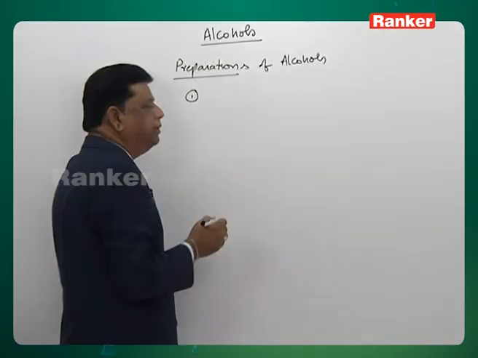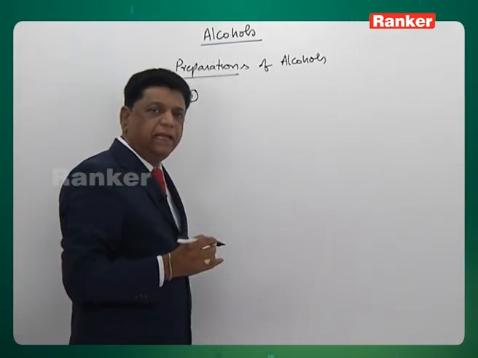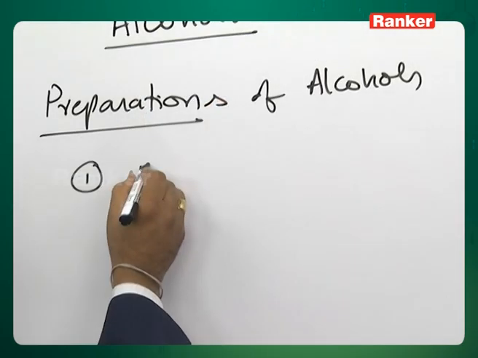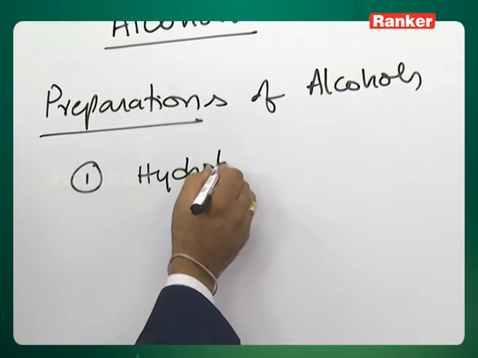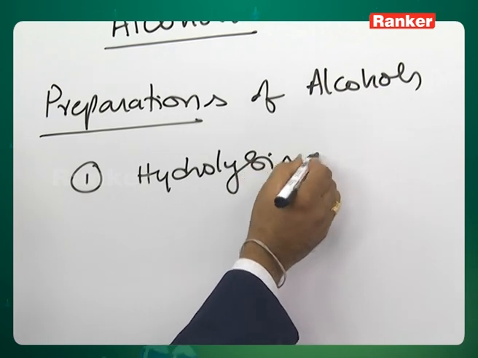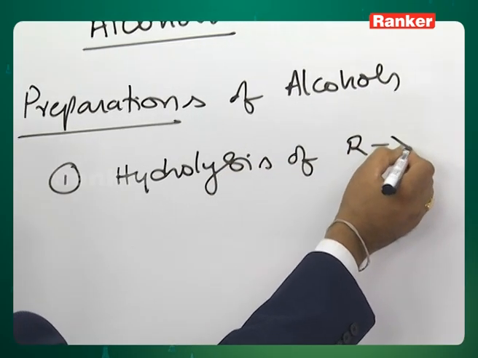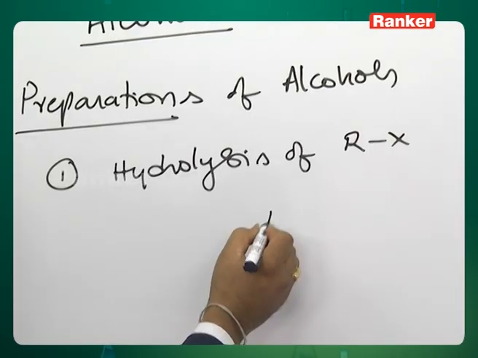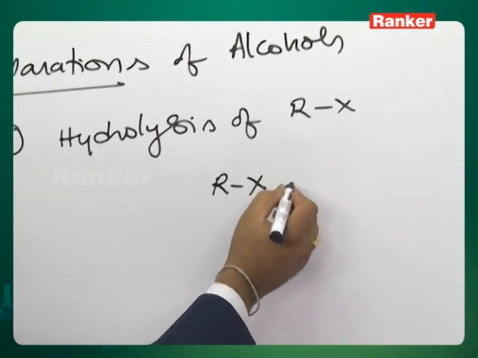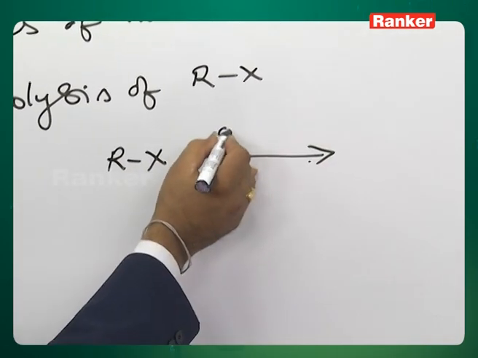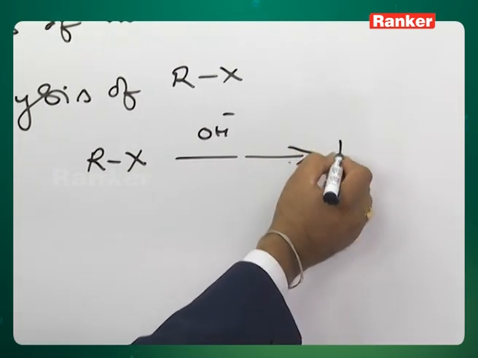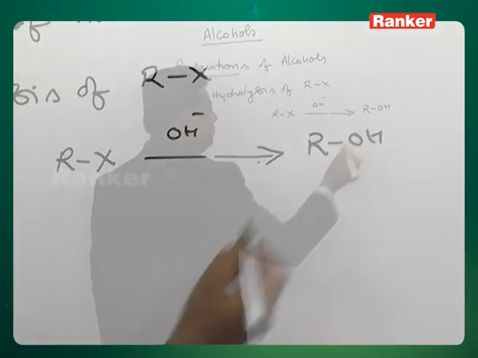The first method will be by hydrolyzing the alkyl halides. Hydrolysis of alkyl halides, RX. General equation you may show like RX when treated with OH minus, you will get ROH.